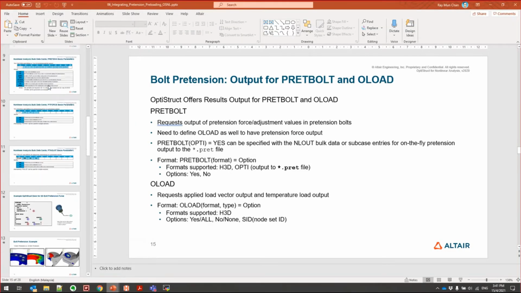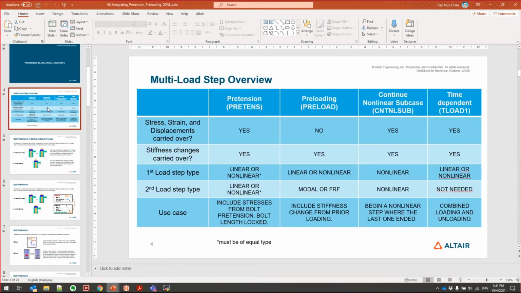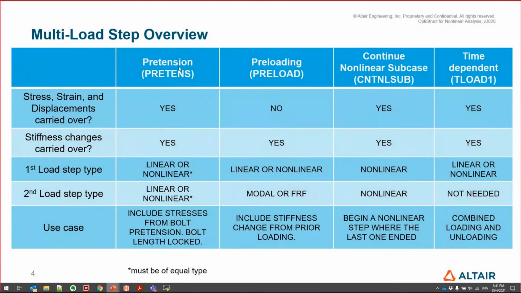So if I go back to the difference chart here, STATSUB PRETENS is gonna transfer the stress, and displacement will be carried over. In the pretensioning step I pretension my bolt, so there will be stress and displacement, and those will be carried over. But if I use a preload, as in what we saw in the modal analysis, it doesn't carry over the stress, strain, and so on. So initially there will be no initial stress and no initial strain.